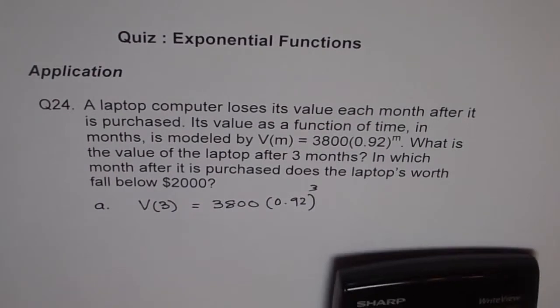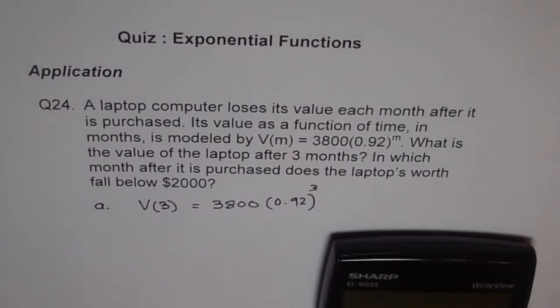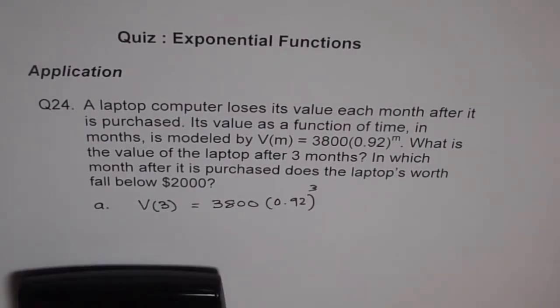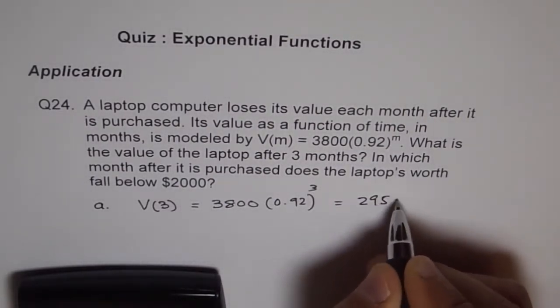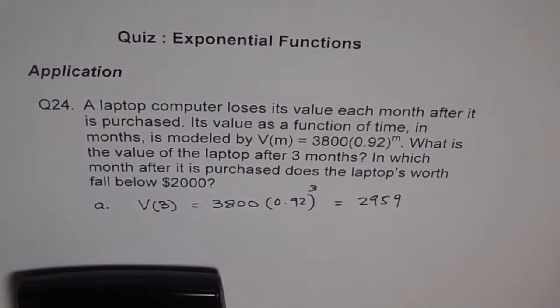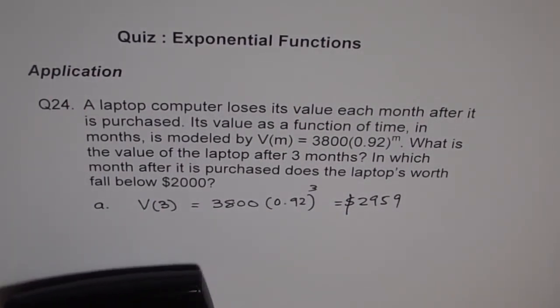We should use a calculator to find all these answers. 3800 times 0.92 to the power of 3 gives 2959.01, so we can write this as $2959. That's the value after 3 months, so that's the first answer.